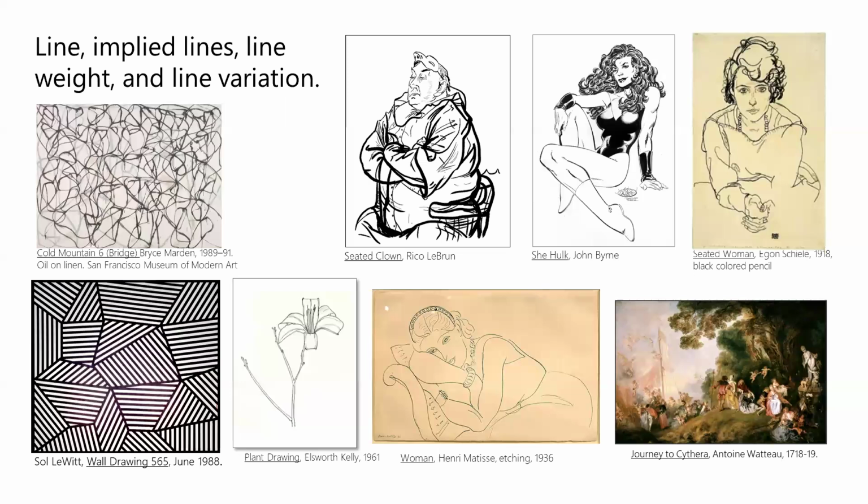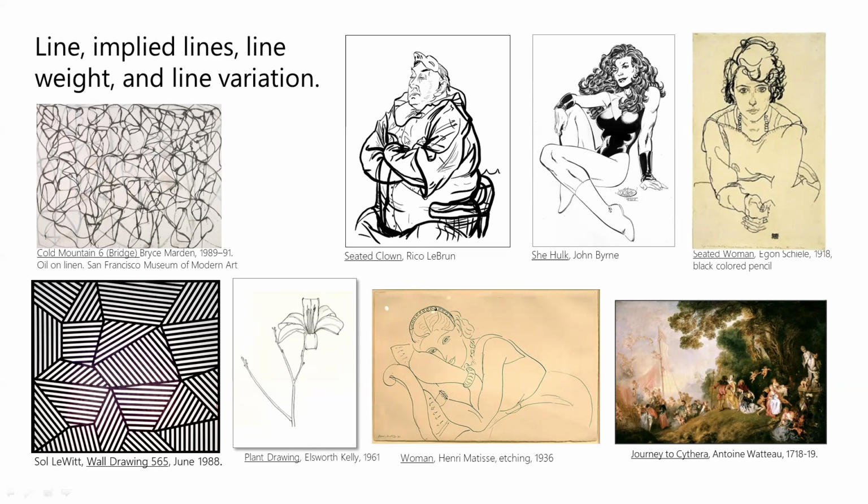All right, so for the rest of the lecture, I'm going to go into a little bit more detail about line, shape, and value, and then a little bit more detail about some of the art elements, but not all of them. So with line, I'm including some examples here to show you a couple of key points: line weight and line variation, right?